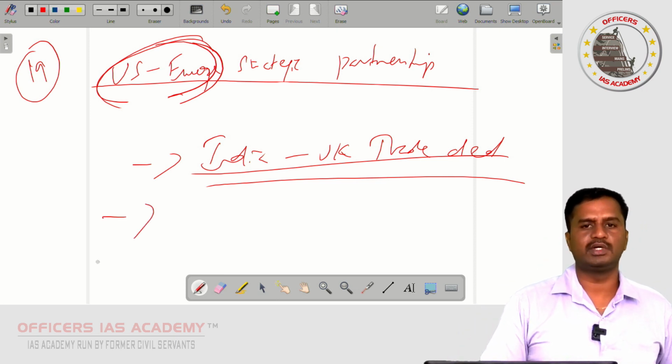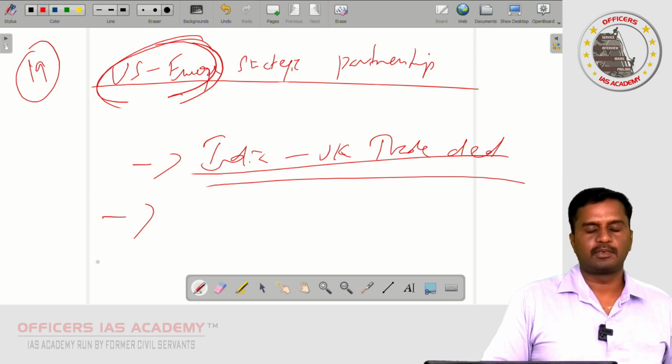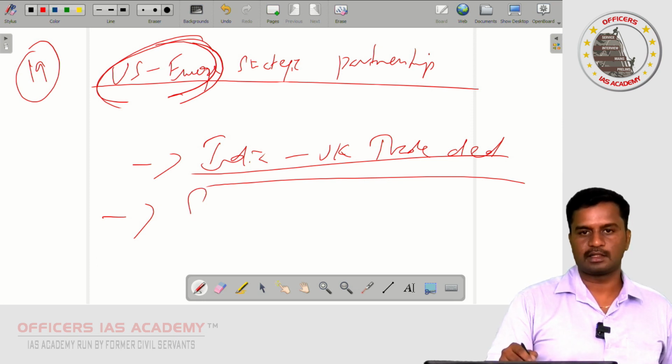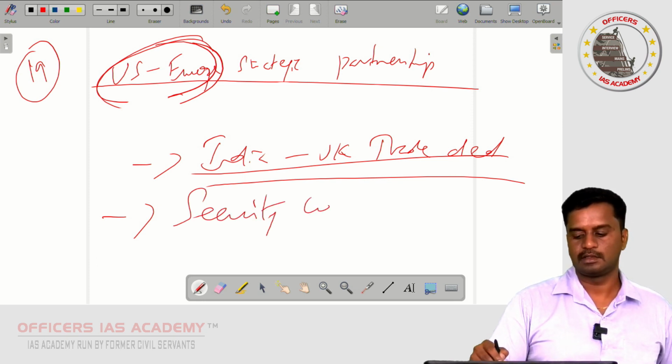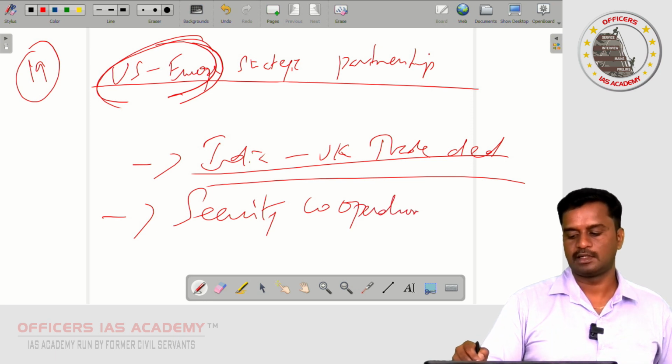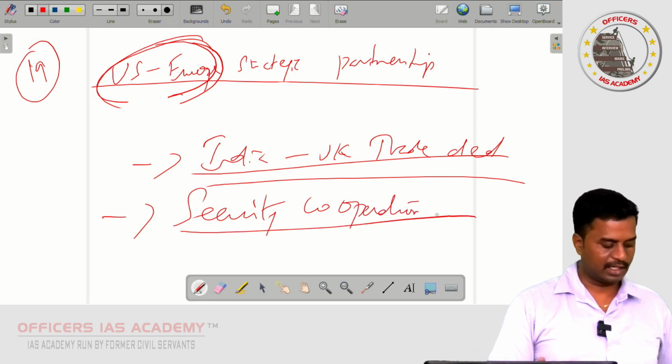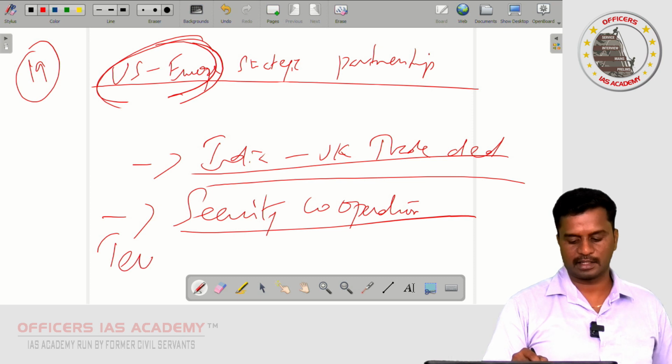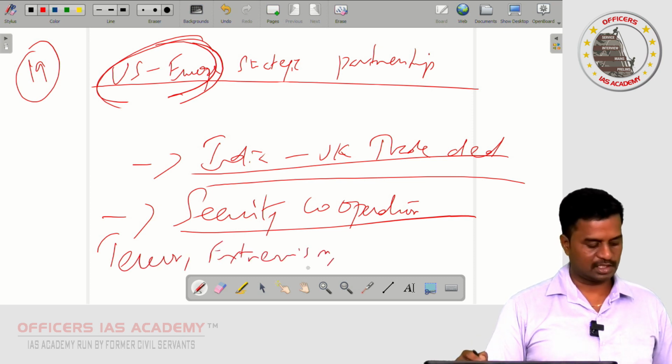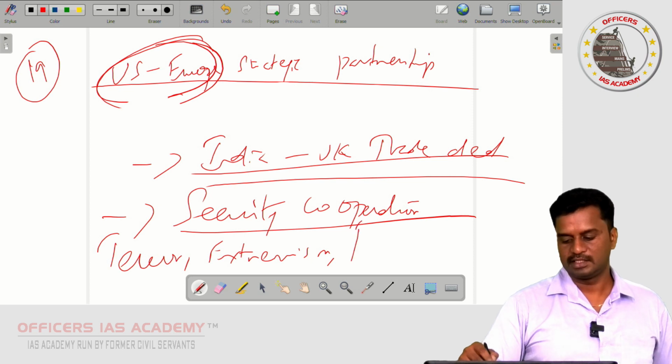Next, India US Europe cooperation is important for security. This is a very important dimension. Under security, we have to combat terror, extremism, check religious fundamentalism.